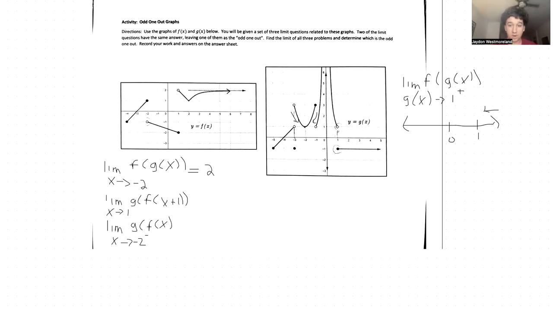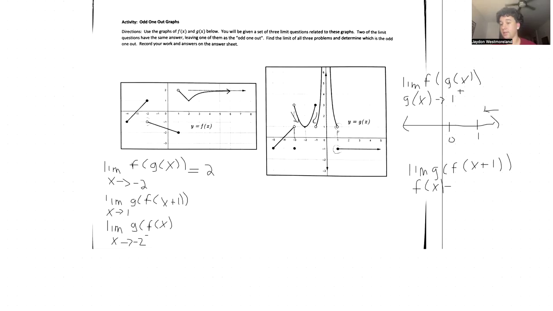Okay, so now down here, I'm going to be finding the limit of the g of f of x plus 1 as now the f of x is approaching the value 2.